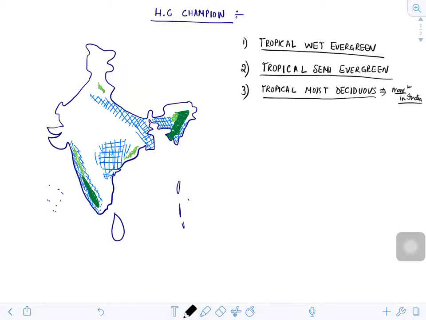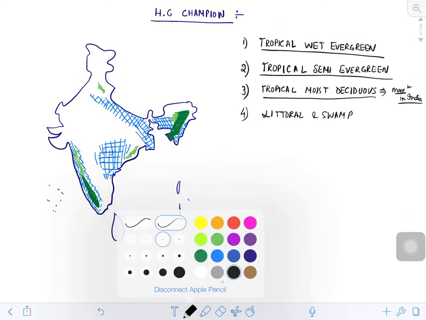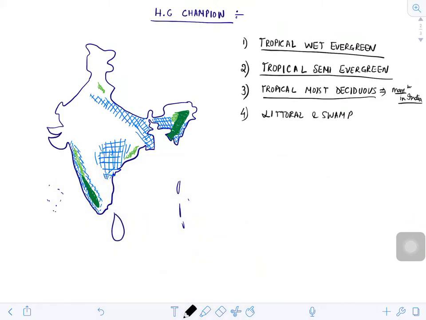The next classification is littoral and swamps. Where do we find our swamps and mangroves?